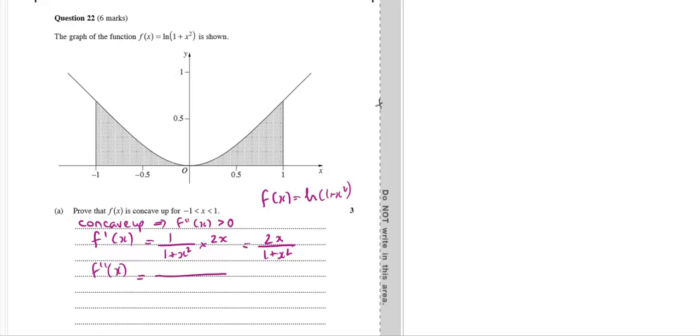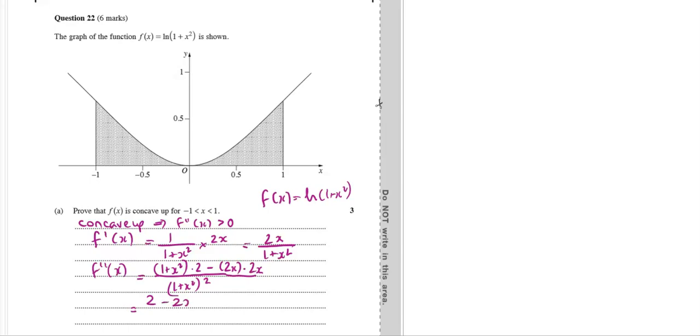So v squared is 1 plus x squared all squared. v du dx minus u dv dx. So I get 2, I'm going to get plus 2x squared minus 4x squared.